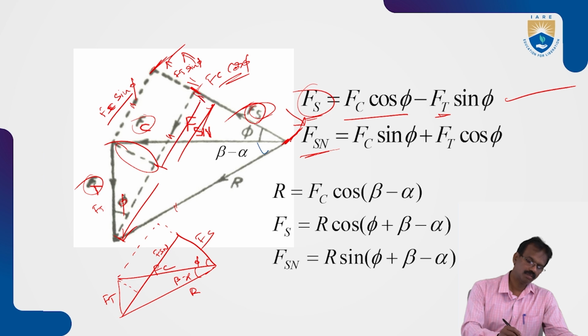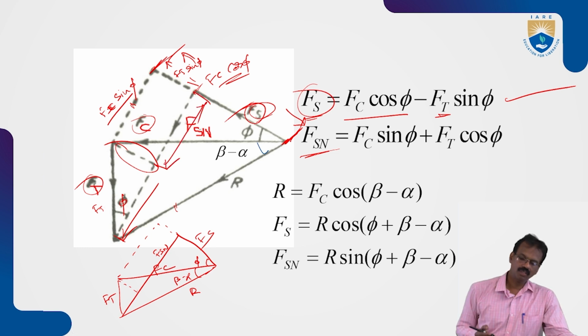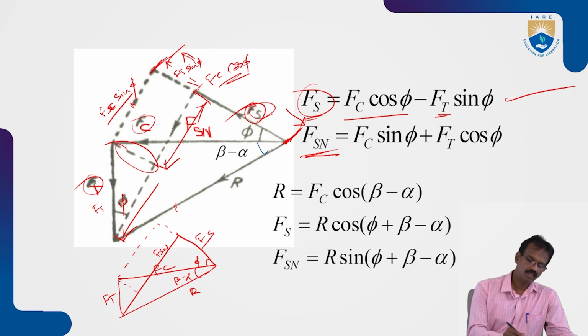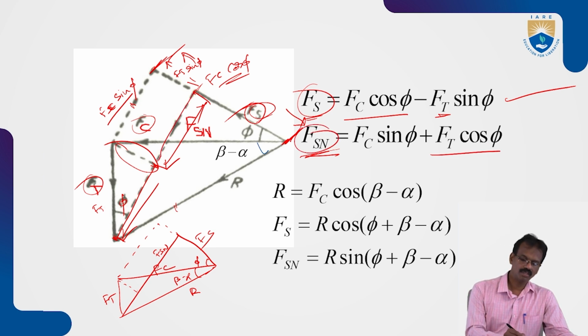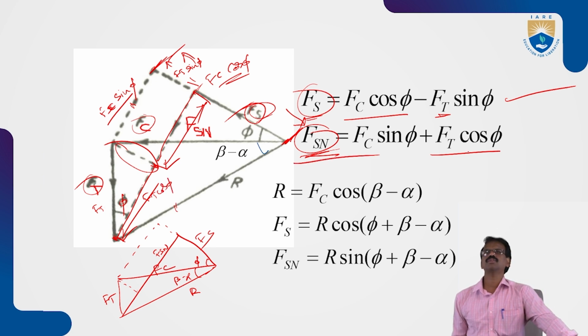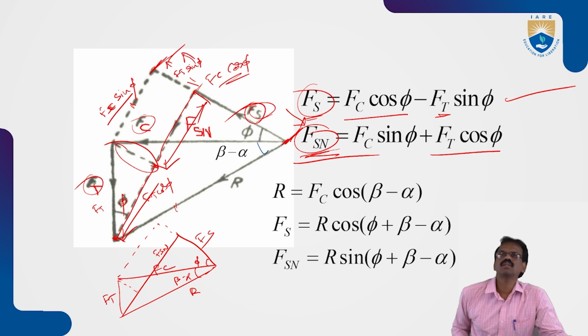So Fsn is equal to this distance plus this distance. This distance is the adjacent side of this triangle, so automatically that is Ft cos phi. So Fsn is equal to, up to this point, Fc sin phi, and from this point to this point, Ft cos phi. So the formula of Fsn is equal to Fc sin phi plus Ft cos phi.